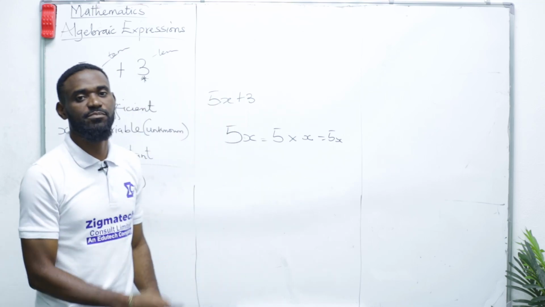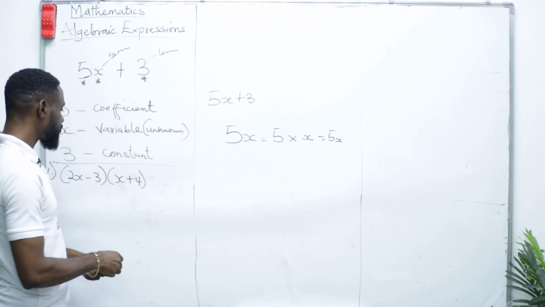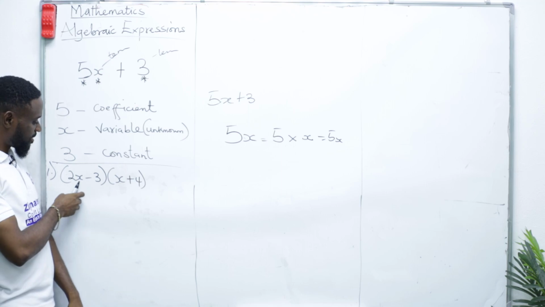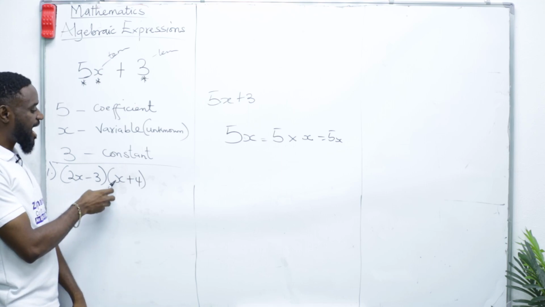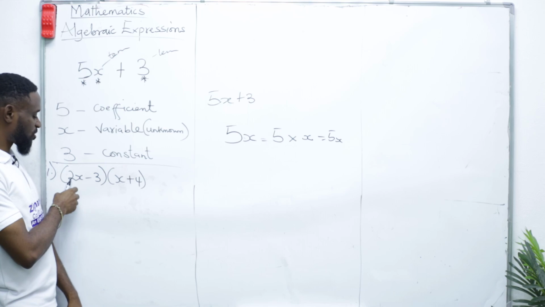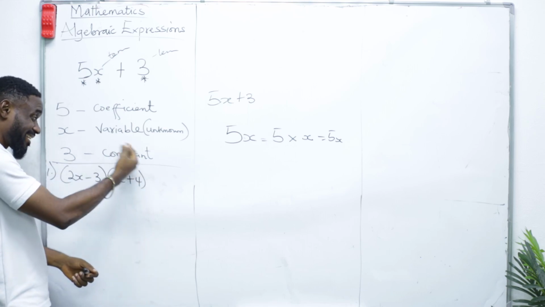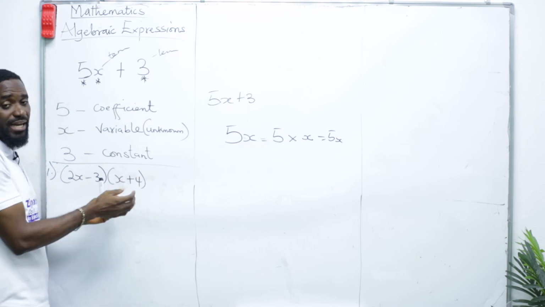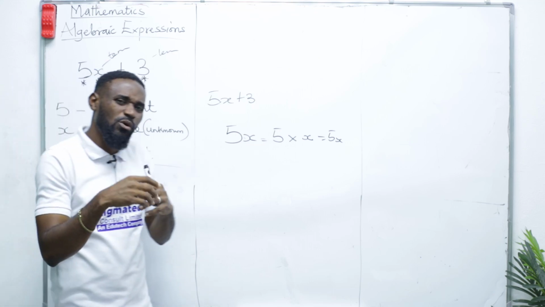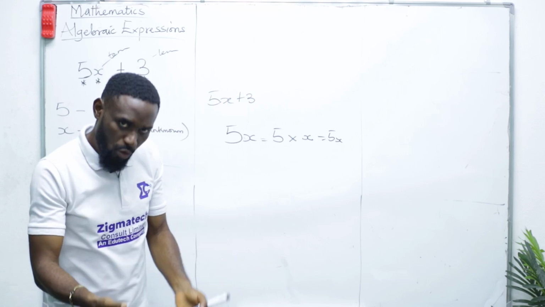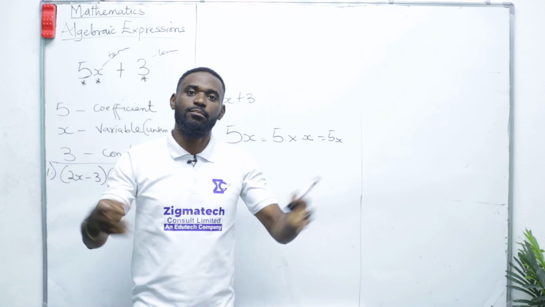Now, if you look at this expression, you have x here and you have x here. x has a coefficient here, x has a coefficient here, but they're asking us to find the coefficient of x in this whole thing, these two brackets, they are an expression. Remember what I told you about an expression: a combination of terms.